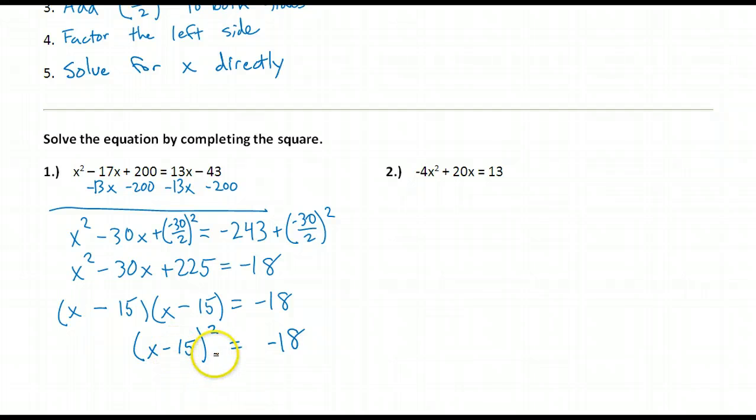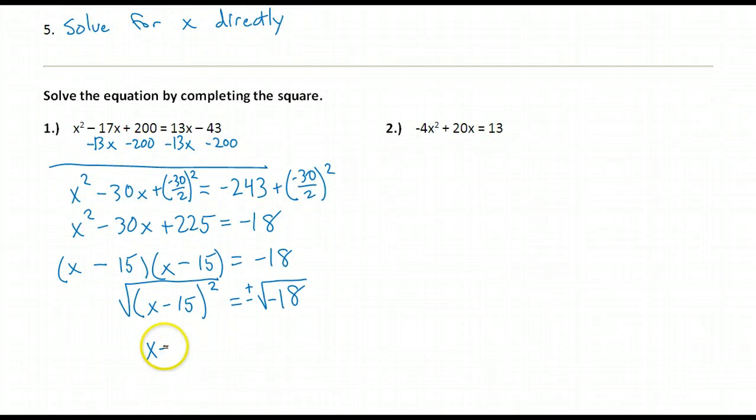I can now take the square root of both sides, and since I added in the square root, I need a plus or a minus. So I have x minus 15 equals plus or minus, I'm going to rewrite negative 18 as 9, 2, and negative 1.